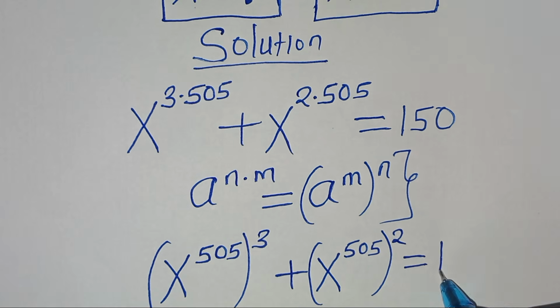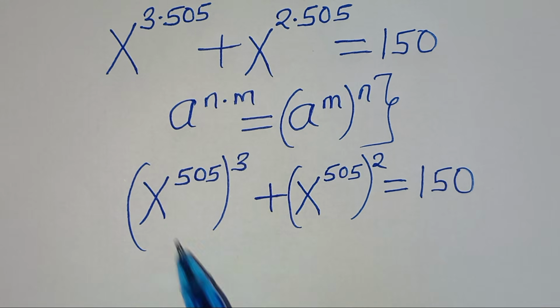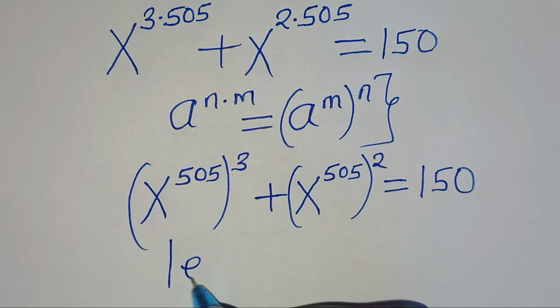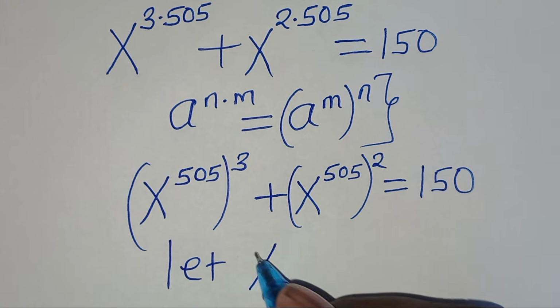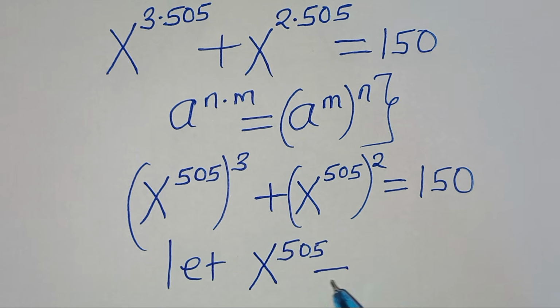This is equal to 150. So we have that x to the power of 5 is common here. So we can let x to the power of 5 be equal to k.